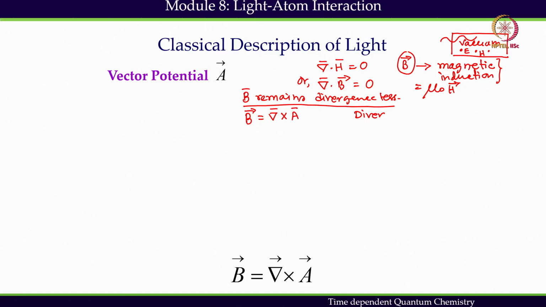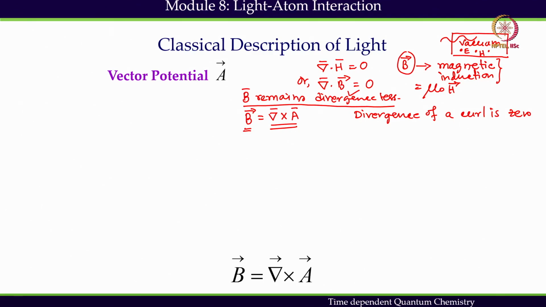So, one of the vector identities is that the divergence of a curl is 0, and that is exactly what is happening. So, if B is represented as a curl of a vector, let us say A is something so far, then its divergence is going to be 0. It is just a mathematical consequence, and we will begin with this pure mathematical idea and try to understand the physical meaning later.